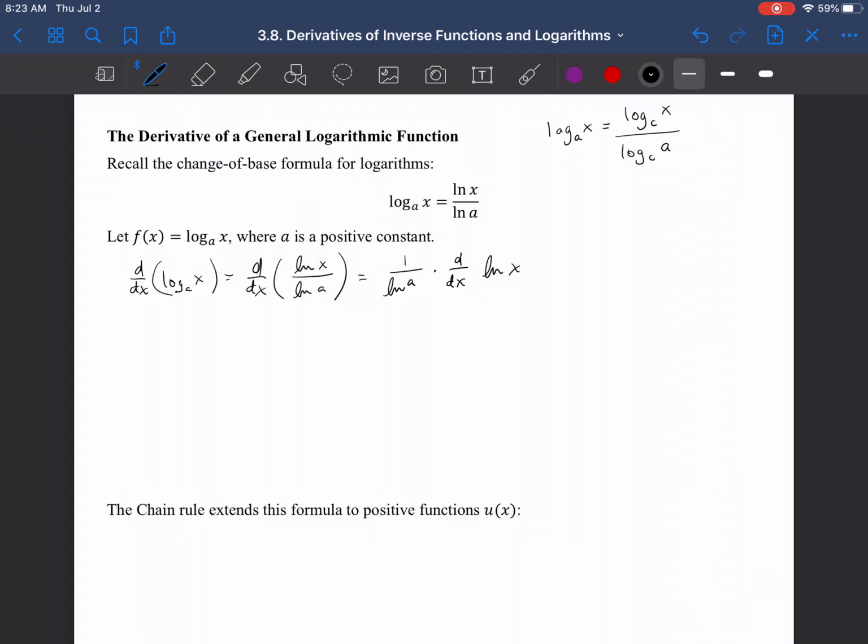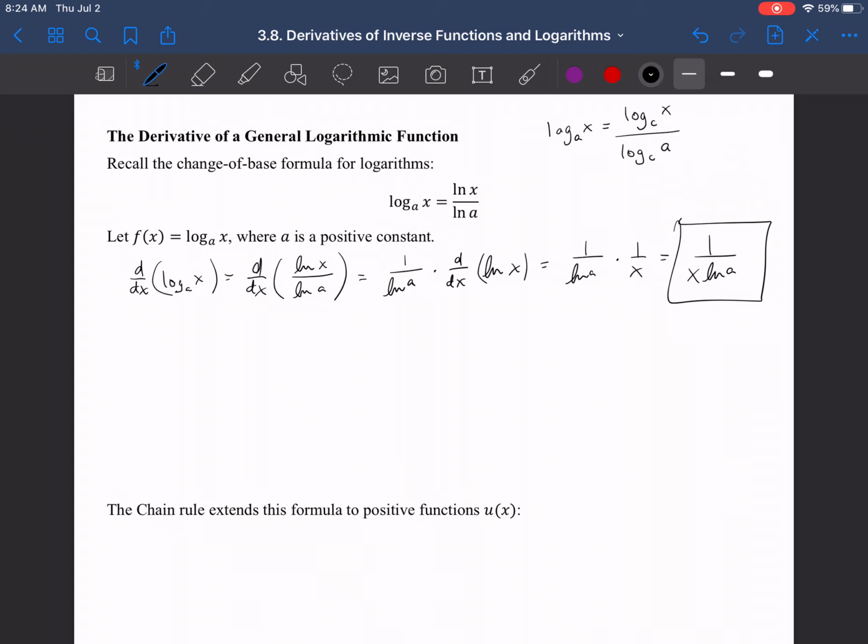And we already know how to do the natural log of x. So this is 1 over the natural log of a times 1 over x, which is just 1 over x natural log of a, okay? So just like that, all we did is change a base and then just use our rule there, okay? So nothing too crazy.